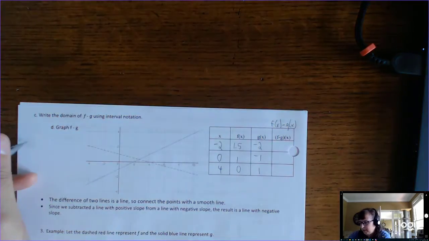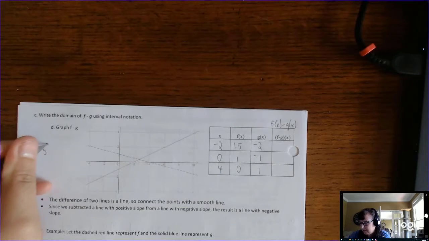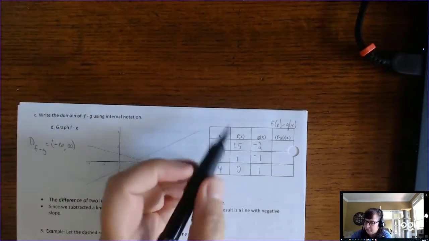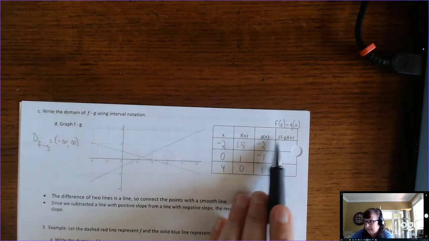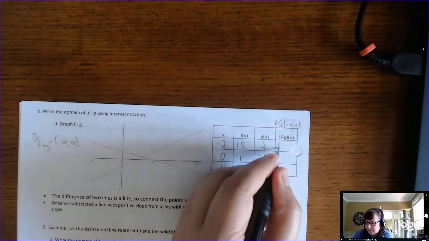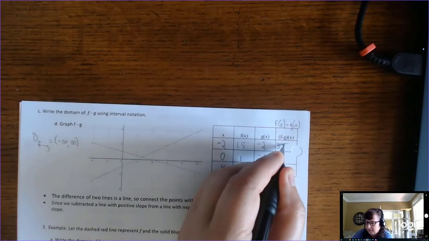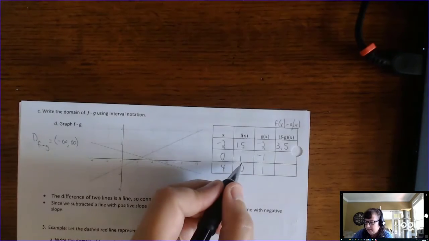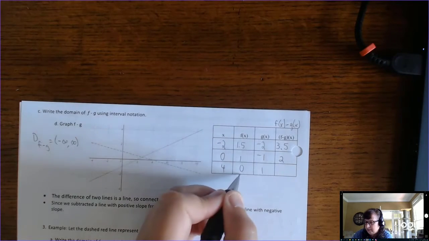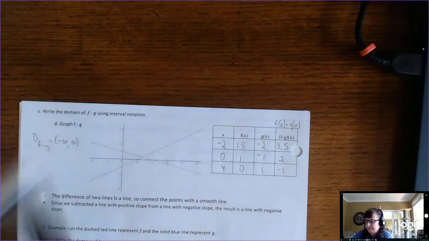We know the domain is all real numbers. And now we're going to subtract, so we have to worry about this minus. So 1.5 minus a -2 is the same thing as 1.5 plus 2, so that's 3.5. 1 minus a -1 is 2, and 0 minus 1 is -1.